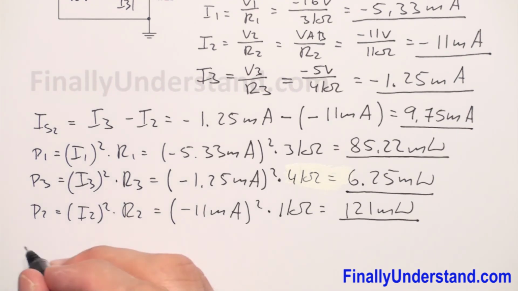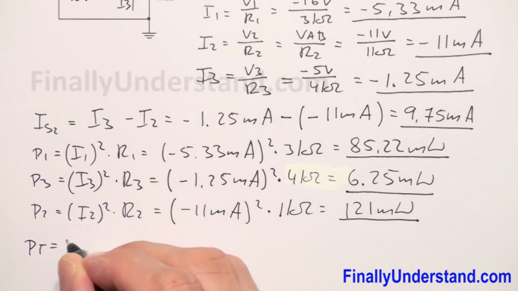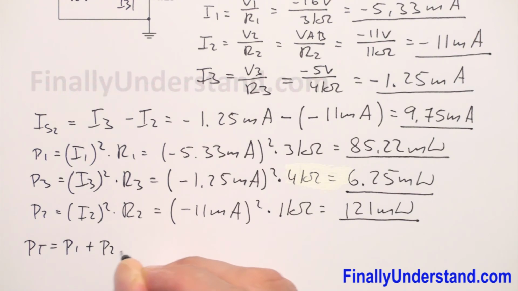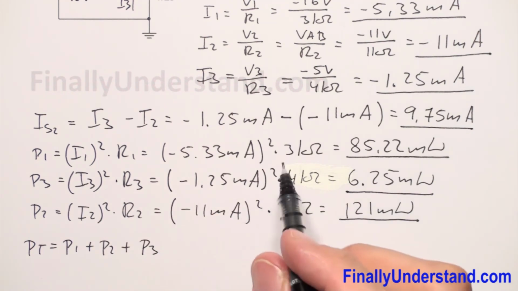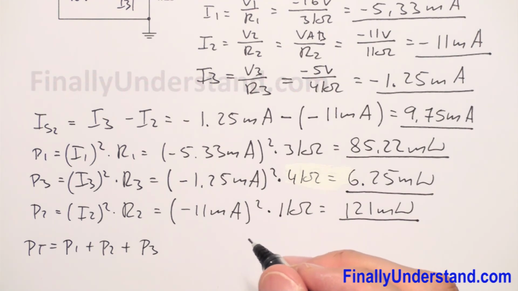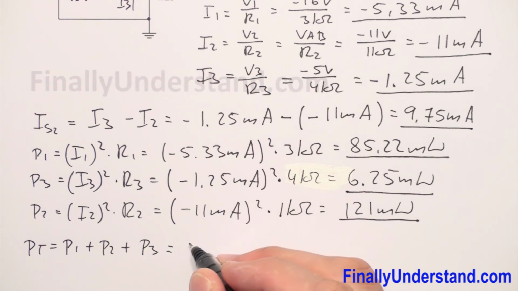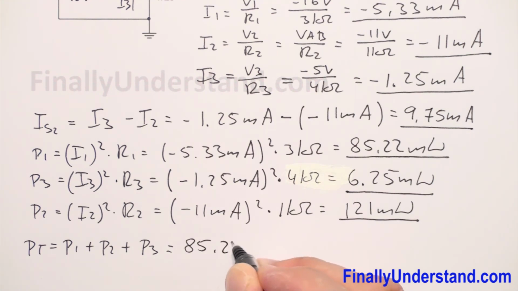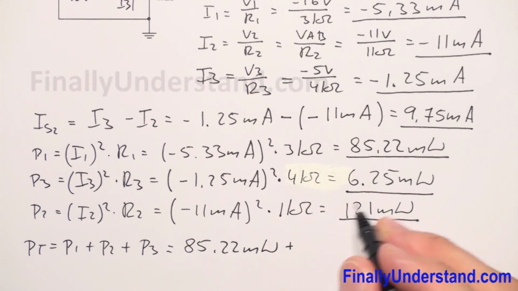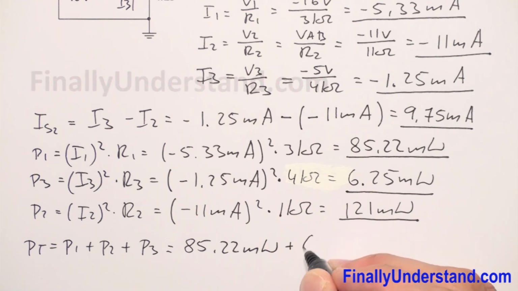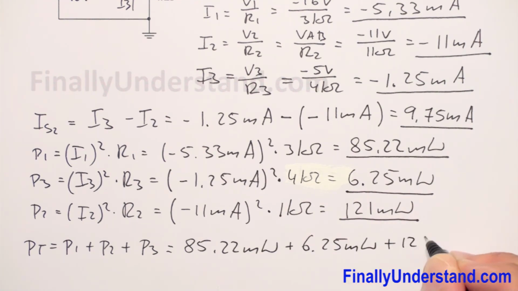If you want to find P total, it is equal to P1 plus P2 plus P3. This is equal to 85.22 milliwatts plus 6.25 milliwatts plus 121 milliwatts.